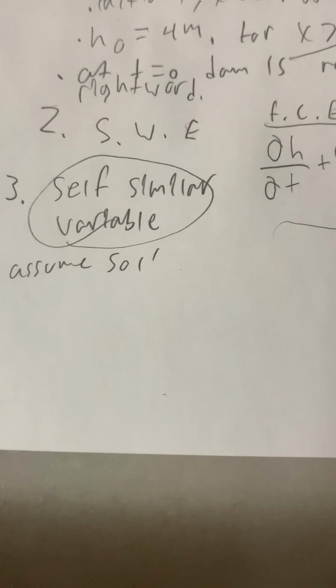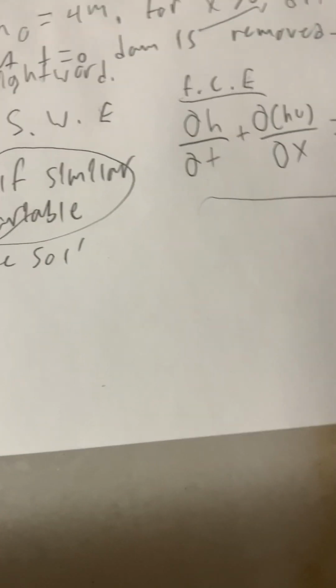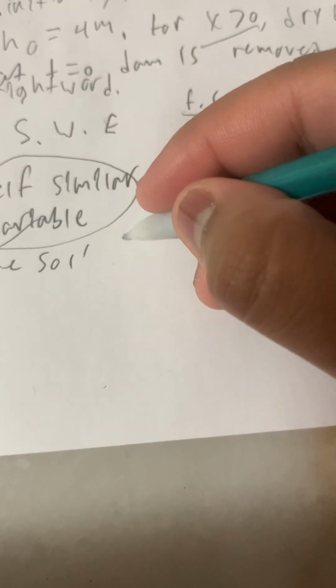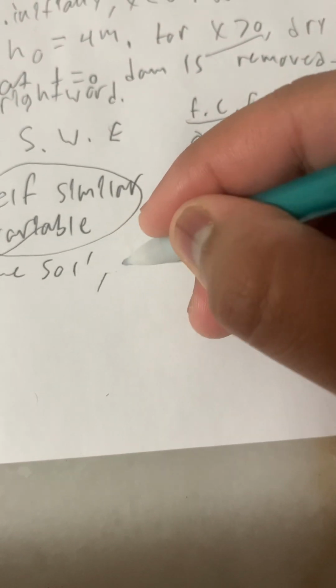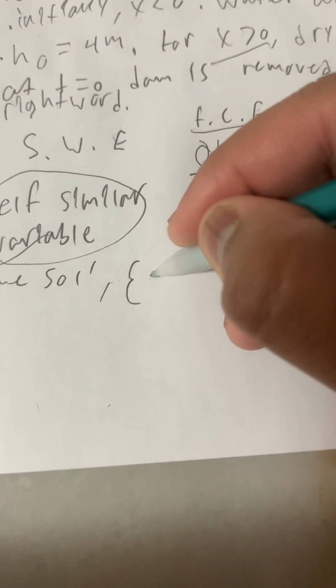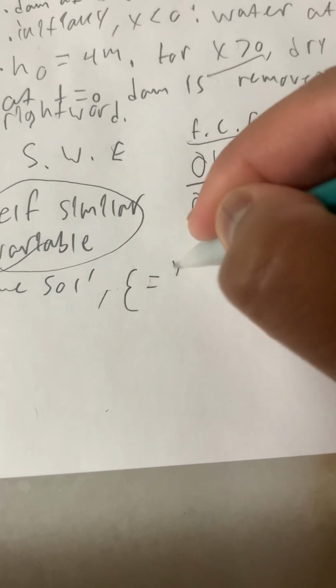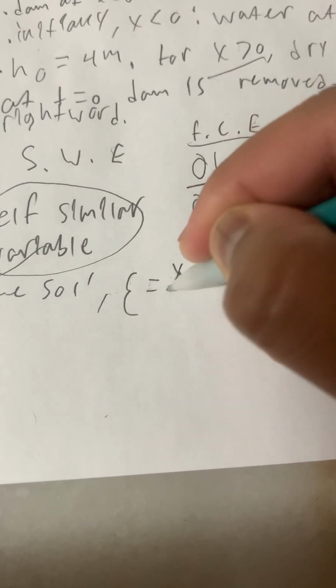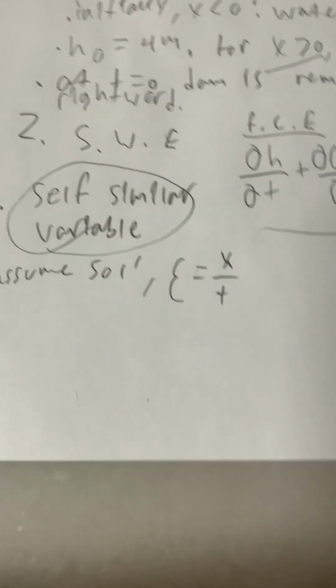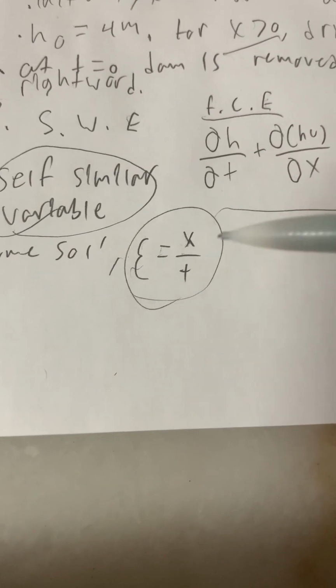If it was self-similar, it would depend on a ratio. And in my notes, it's saying that ratio is xi, I don't know how to pronounce it, equals x over t. That would be the precise ratio we would need for the solution.